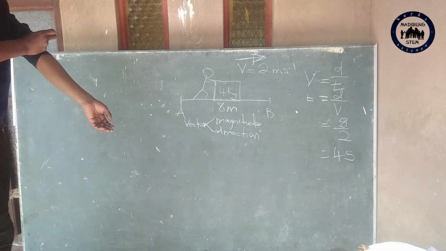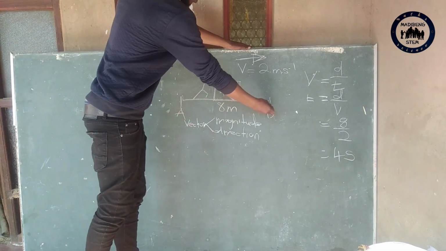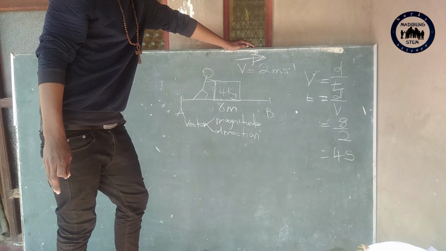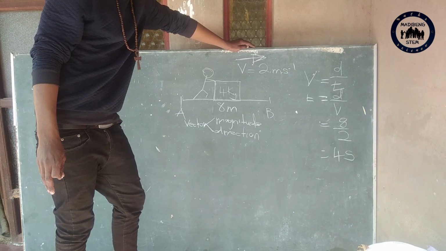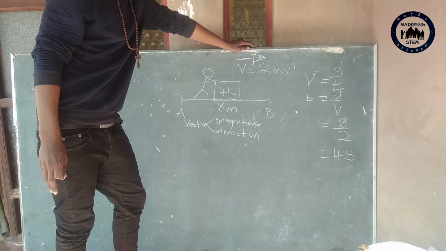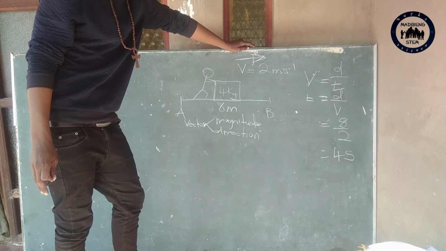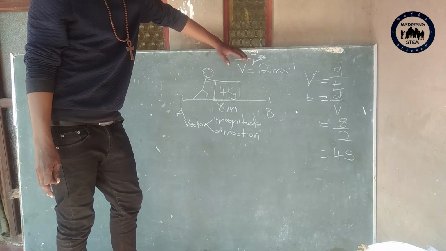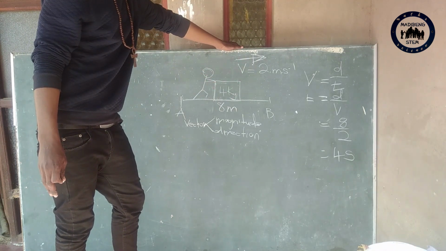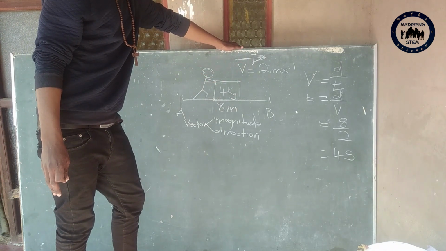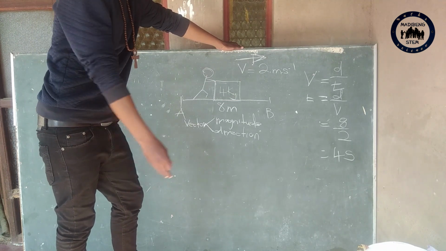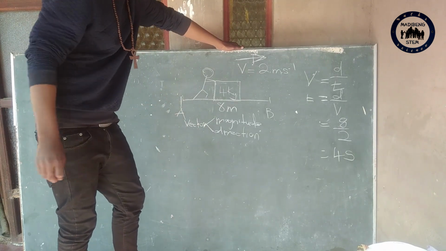So now we got our time. Now they're asking, this is question number 2: what is the acceleration of this box if the final velocity is 10?